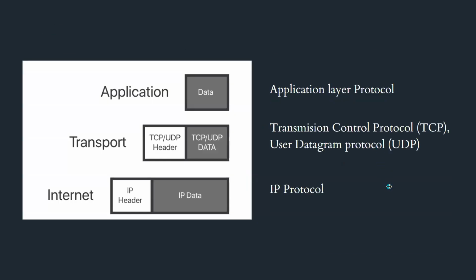As I said before, we have talked about the IP protocols, internet protocols, and then we talked about the transport layer protocols, that are the Transmission Control Protocol and the User Datagram Protocol. The Transmission Control Protocol is a connection oriented protocol.